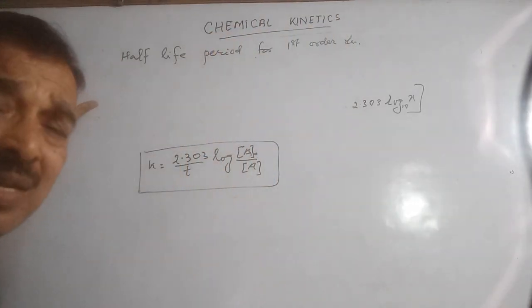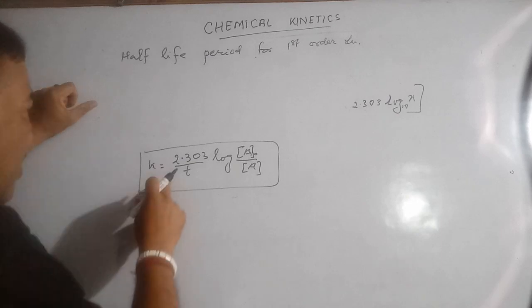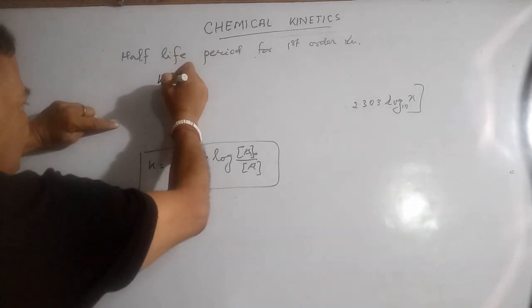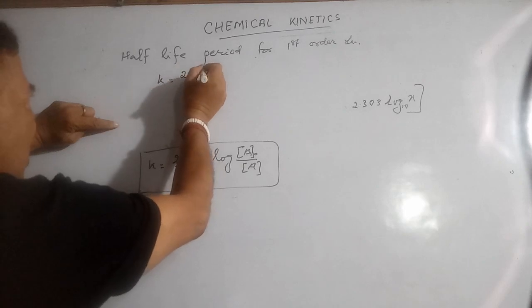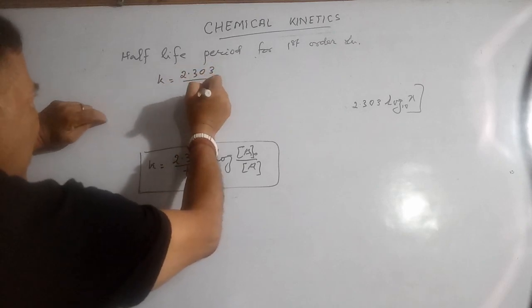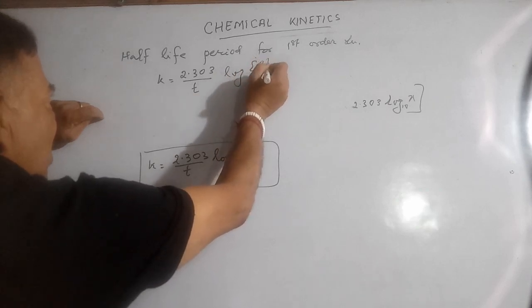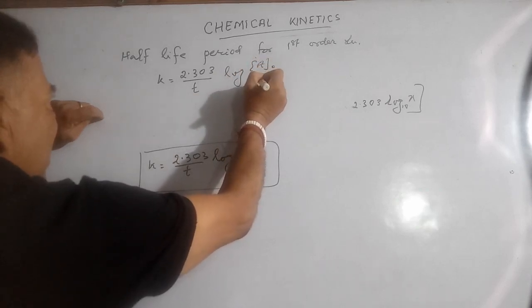The integrated rate equation for first order reaction is this one only: k is equal to 2.303 by t log [A]0 by [A].